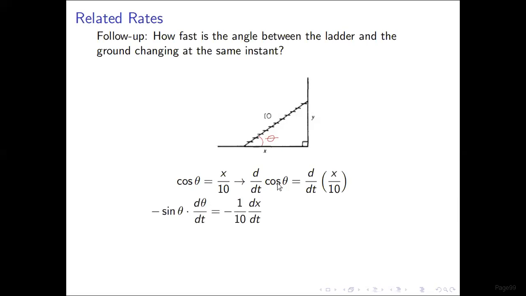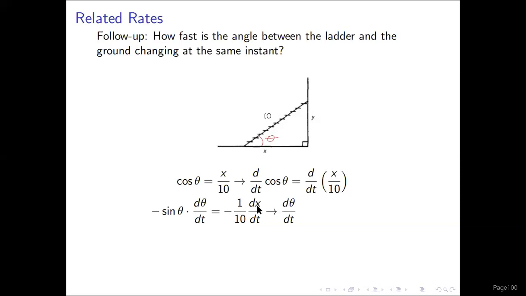The derivative of cosine, remember, is negative sine. And then don't forget to differentiate the quantity inside cosine with respect to the variable t. And this one is just over 10, so we can take it out. It's 1 over 10. Sorry, this should be positive. And you just differentiate x with respect to t.